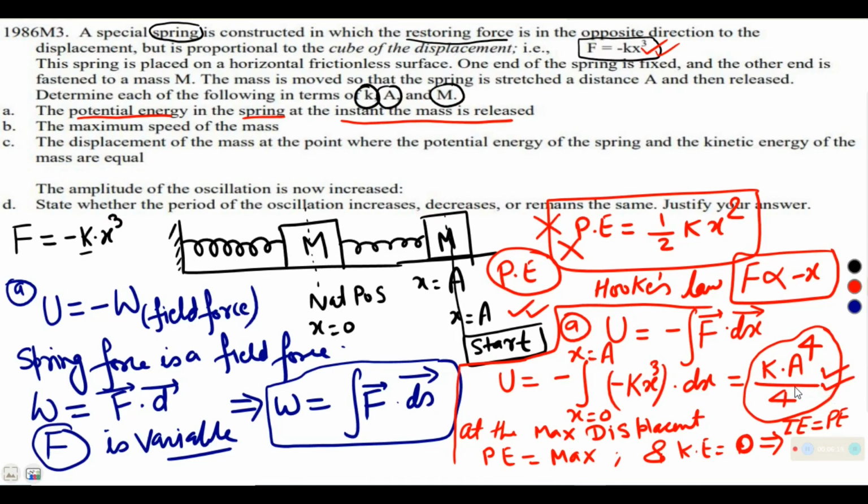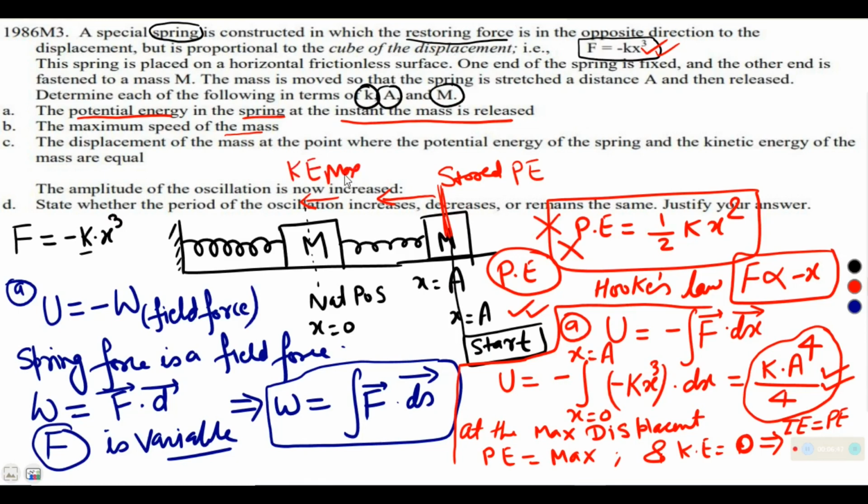Let us see the next part. The next part is asking for the maximum speed of the mass. When it is released from here, what will be the maximum speed? It will go in this direction, so slowly its stored potential energy starts to change into kinetic energy, and kinetic energy will be maximum here at the equilibrium position.